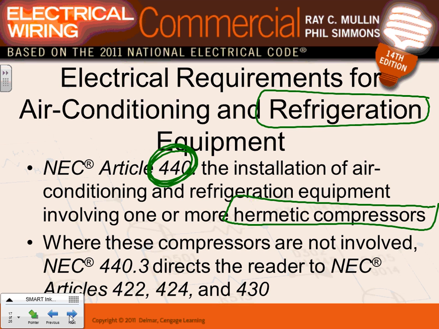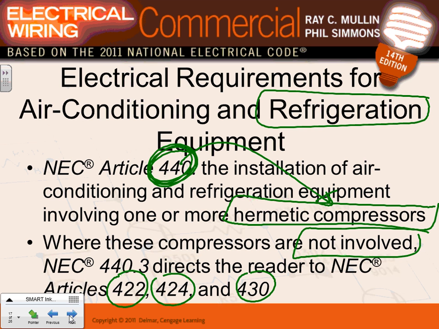If it's not involved, then they refer you to Article 430 for motors, Article 422 for appliances, and Article 424 for heaters, I believe. So, gentlemen, if your equipment has a compressor, typically hermetic compressors, this article is completely associated with these so-called hermetic compressors.